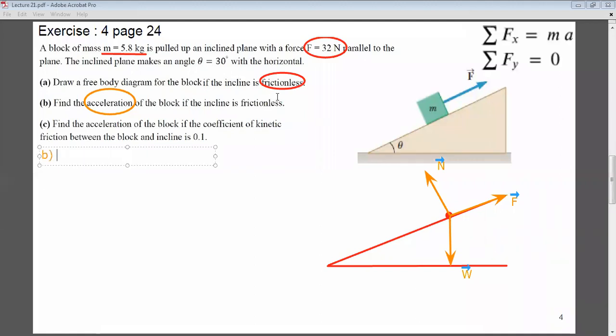So I have to apply Newton's, this is part B. Let's write in red, summation of Fx is equal to ma. Before I continue, since I drew already, before I can apply Newton's second law, remember, first I draw the free body diagram, then I choose x-axis along the line of motion, okay? So if this object, how do you think it will move? There is a force pulling it upward.